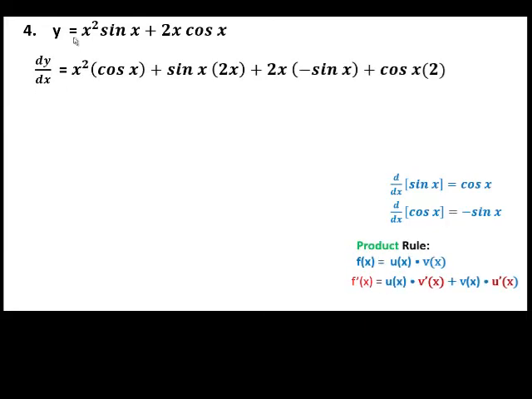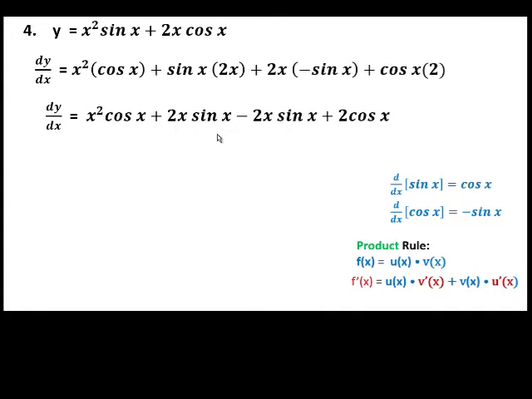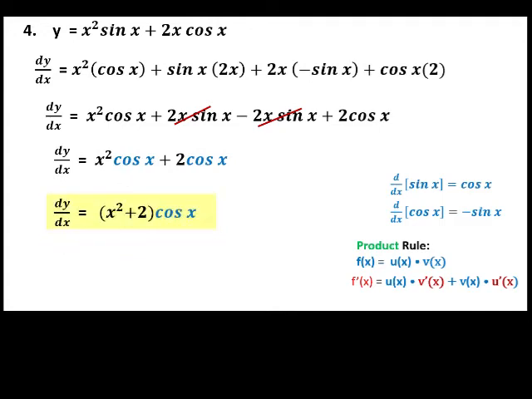So the derivative is equal to x squared times the derivative of sine, which is cosine, plus sine x times the derivative of x squared, which is 2x, plus, this is again a product, 2x times the derivative of cosine x, which is negative sine x, plus cosine x times the derivative of 2x, which is 2. Then simplify, combine similar terms. Factor out the common factor. So this is now our derivative of the function.